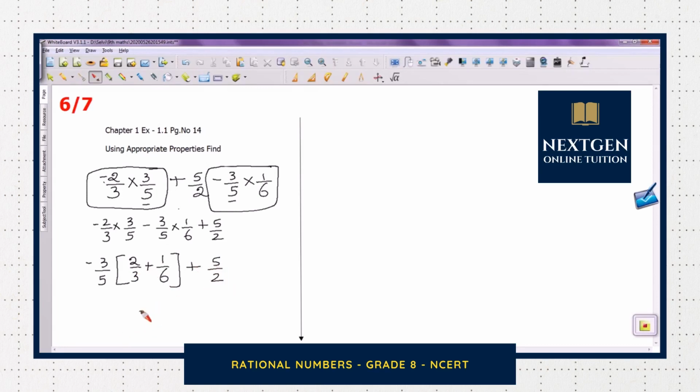If I take the LCM of 3 and 6, what do I get? 6. So I have to multiply this 2 with what number? 2. 2 into 2 is 4. Here 6 one time, so 1 into 1 is 1.